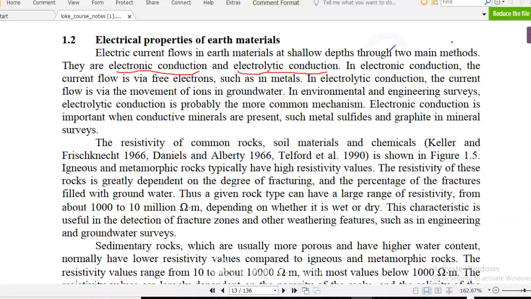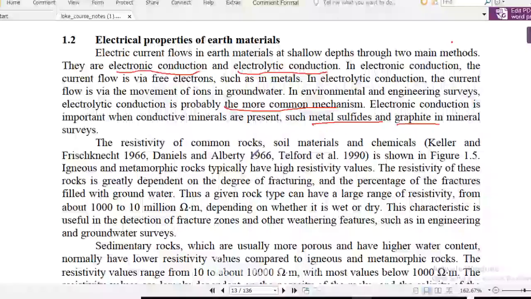In environmental and engineering surveys, electrolytic conduction is probably the more common. Electronic conduction is important when conductive minerals are present, such as metal sulfide and graphite.